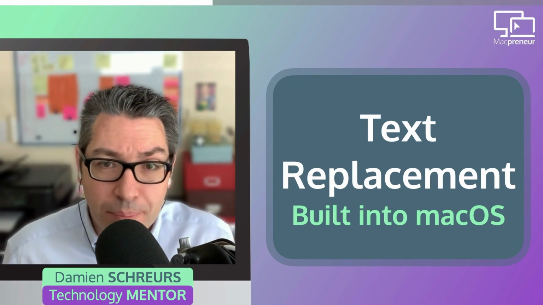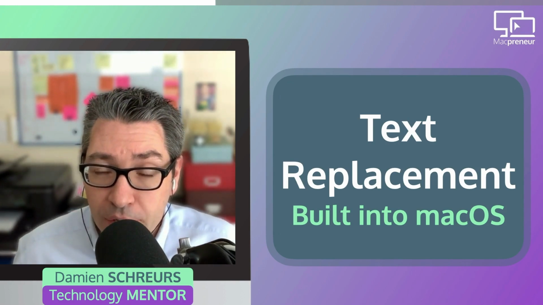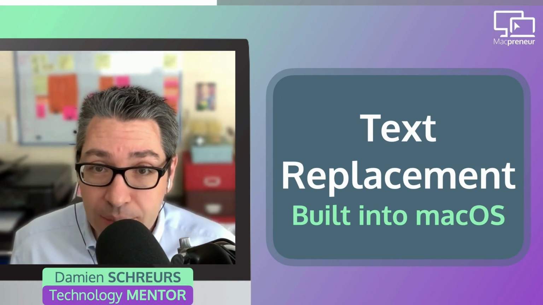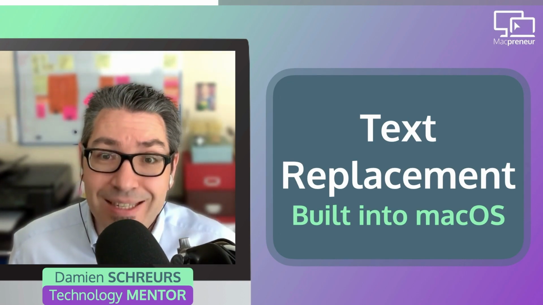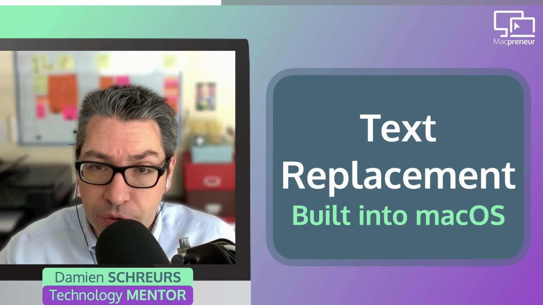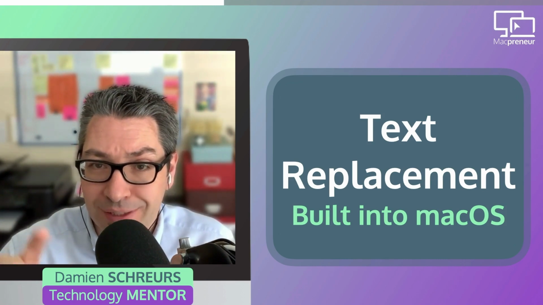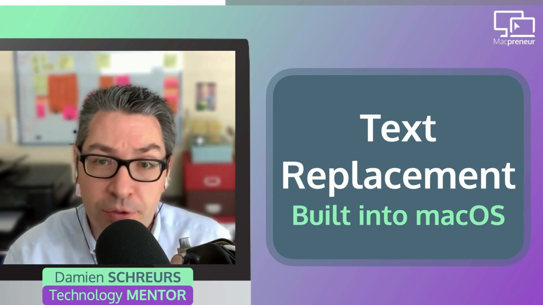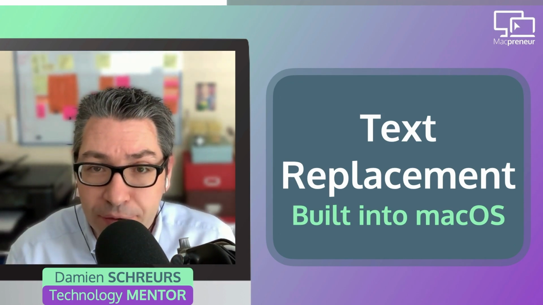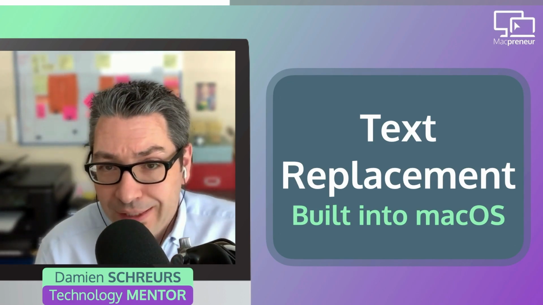If you want to do a backup, it's simple. From System Settings or System Preferences, you do the Command A keyboard shortcut, which means it will select all your text replacements. And then with the mouse, you just drag and drop outside of System Settings or System Preferences. So for instance, in a folder in Finder, or it could be also on your desktop if you want to. And that will create a file.